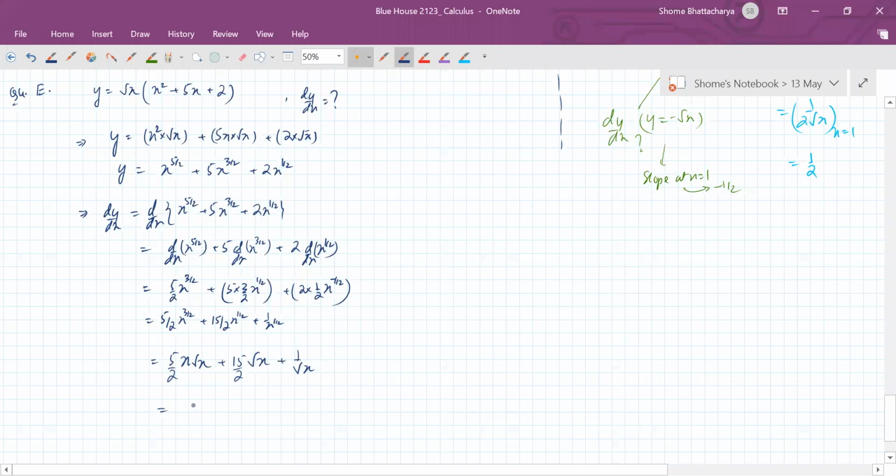So if you take LCM, you can express this as x square plus 5x square plus 15x plus 2. So I think in my answer key, this 2 is missing. Okay. So just make a correction.